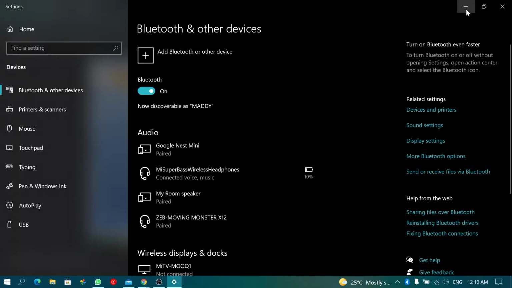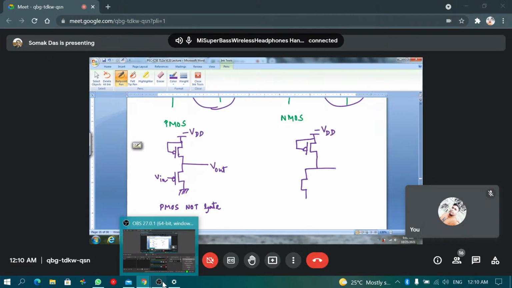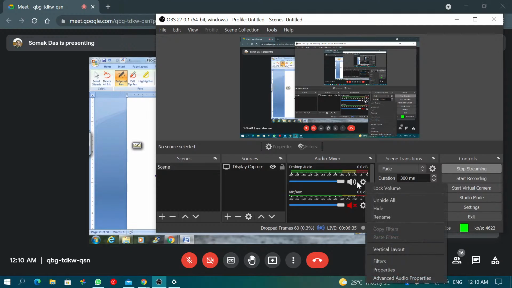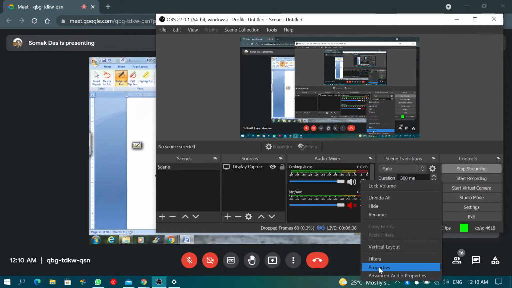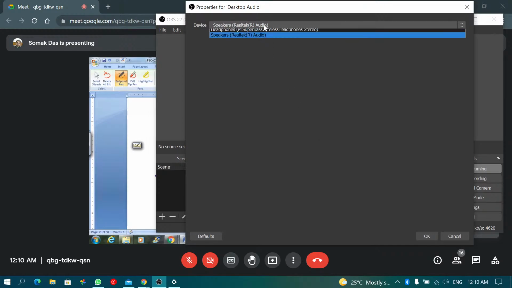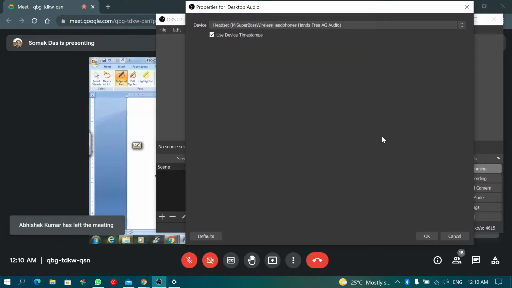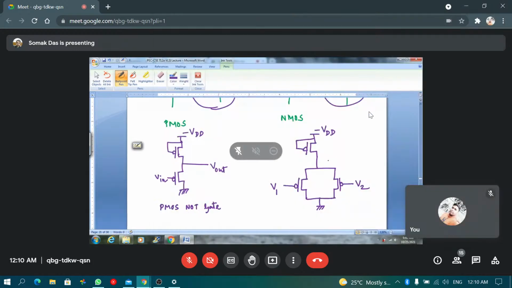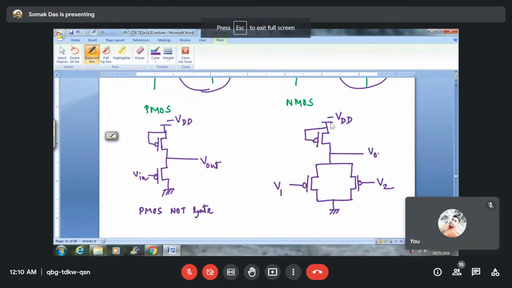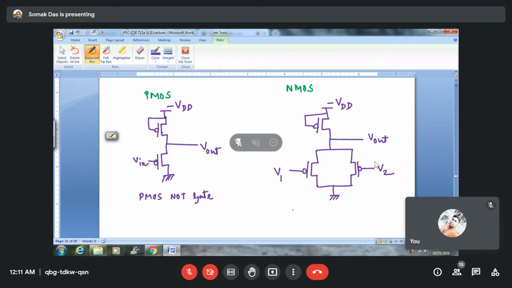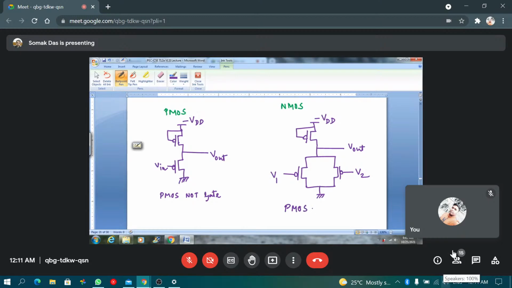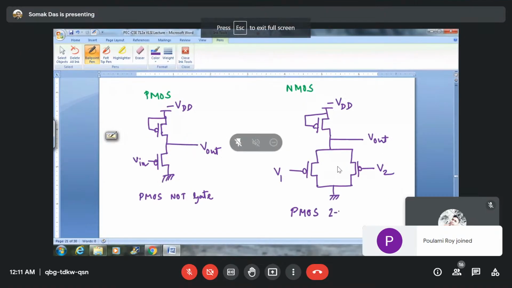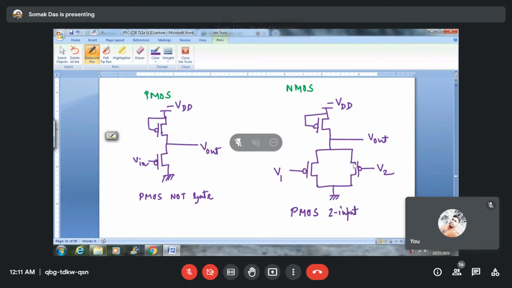And the driver transistor has to be connected in parallel. This is the PMOS 2 input NOR gate.